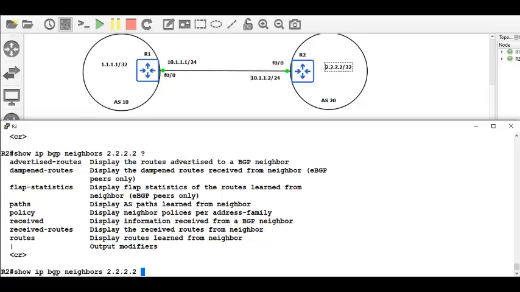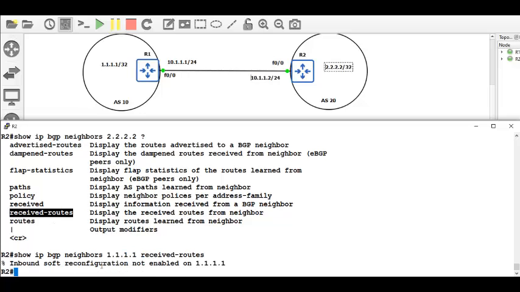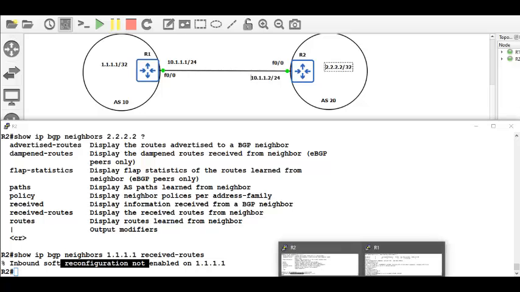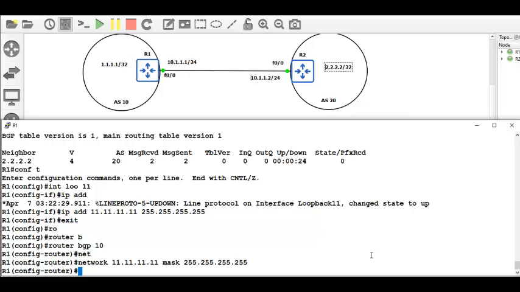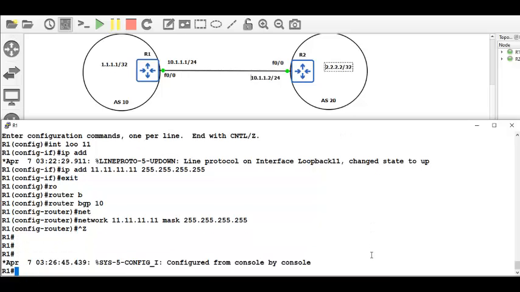I want to see what I receive from neighbor 1.1.1.1, not 2.2.2.2. I meant router 2. Inbound soft reconfiguration. Okay, sorry. In this version of the operating system, inbound received routes are not allowed. We have to enable that. We'll just talk about the default now. Now on router 1, show IP BGP neighbor 2.2.2.2.